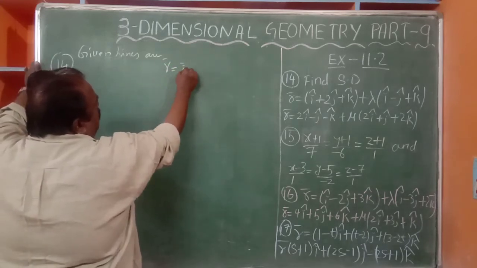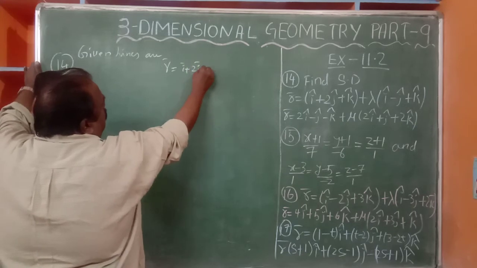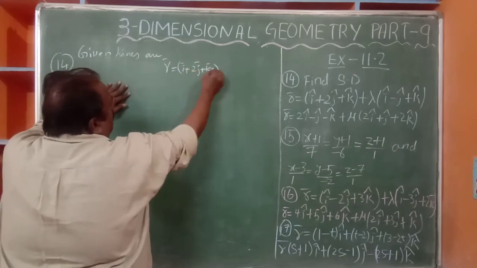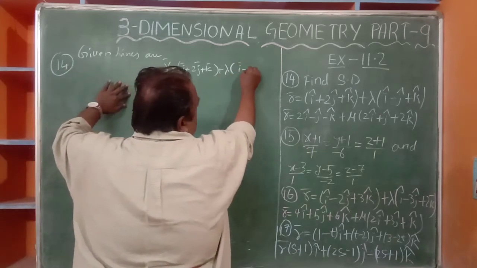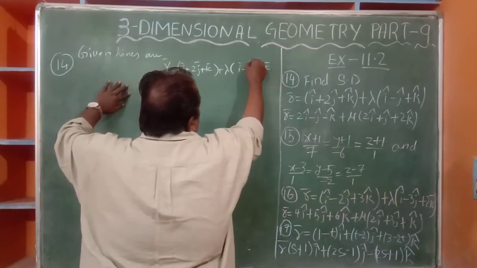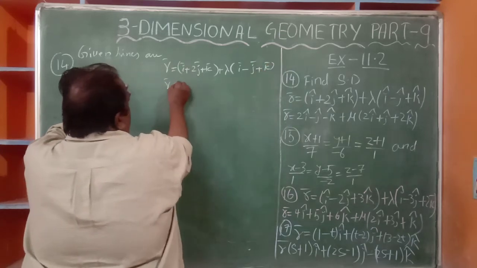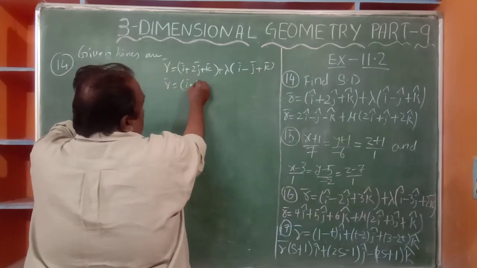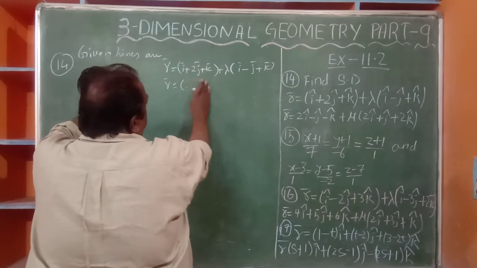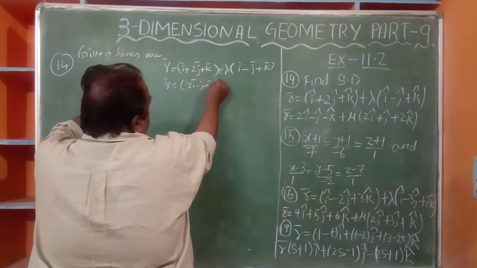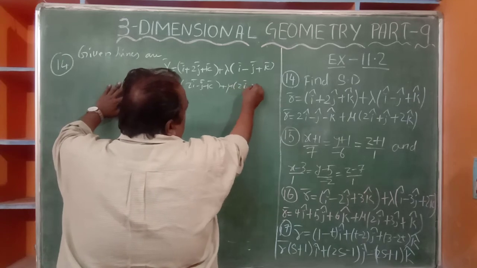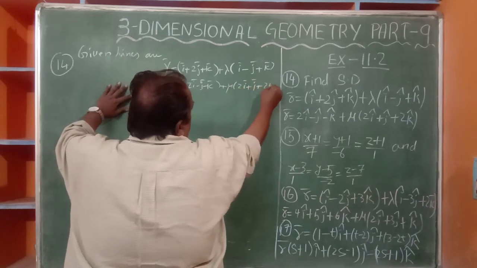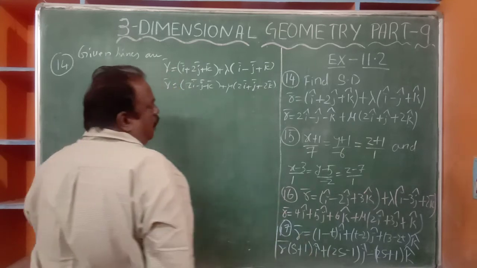R bar is equal to i plus 2j plus k plus lambda of (i minus j plus k), and R bar is equal to 2i minus j minus k plus mu of (2i plus j plus 2k).